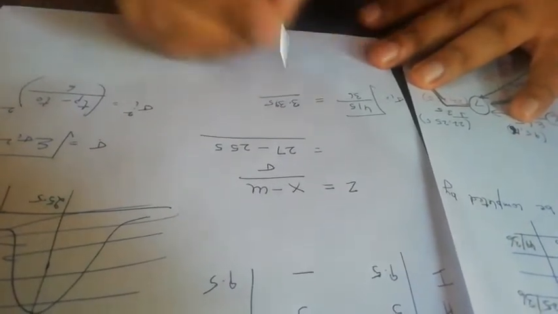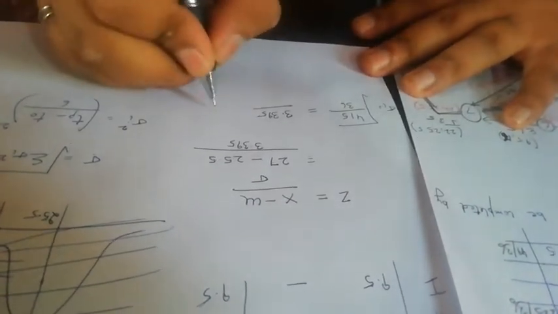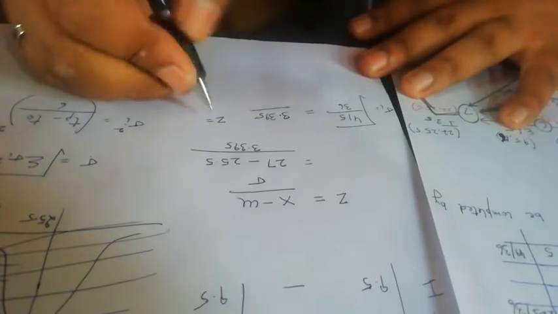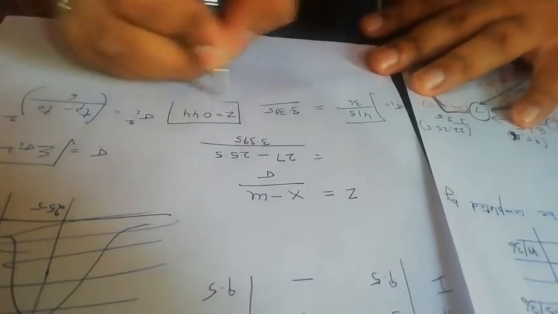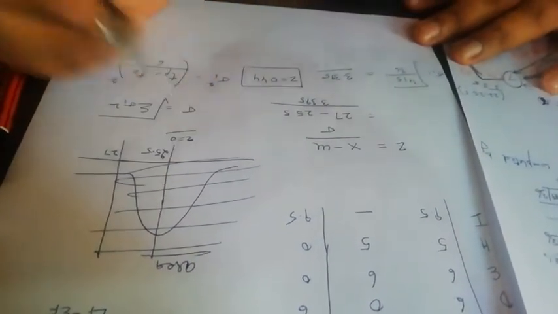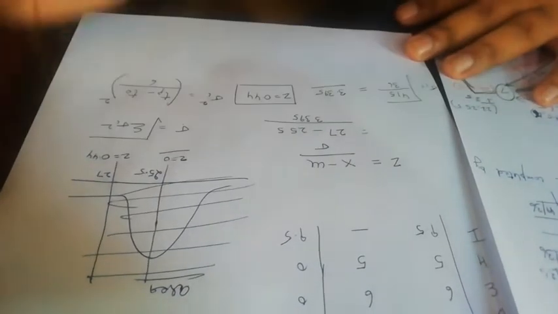So this will be your sigma. We put 3.395 over here to calculate the value of Z, which comes out to be 0.44. So this will be our Z value. The Z value at the mean line is 0, and the Z value at 27 is 0.44 by this formula.